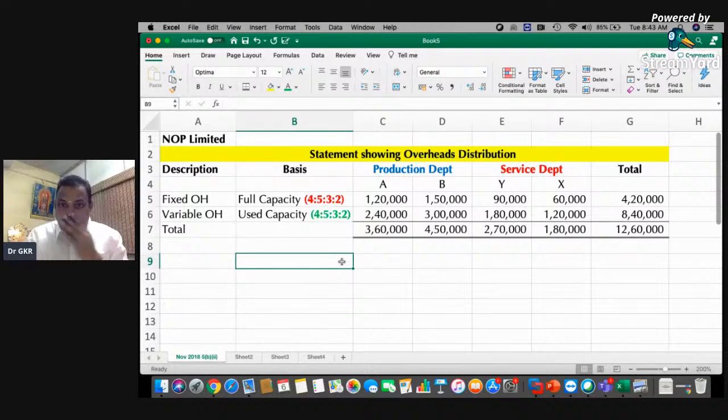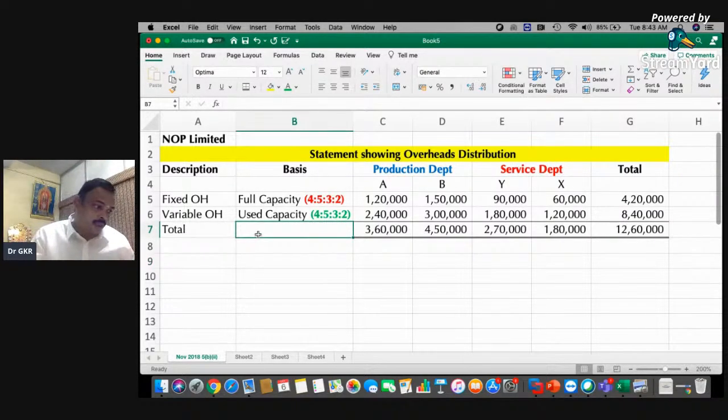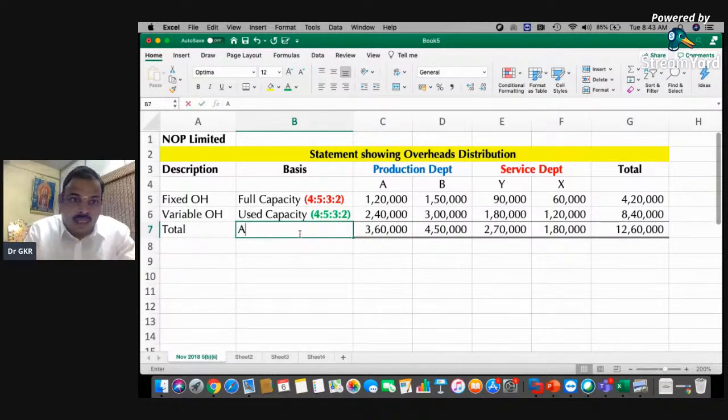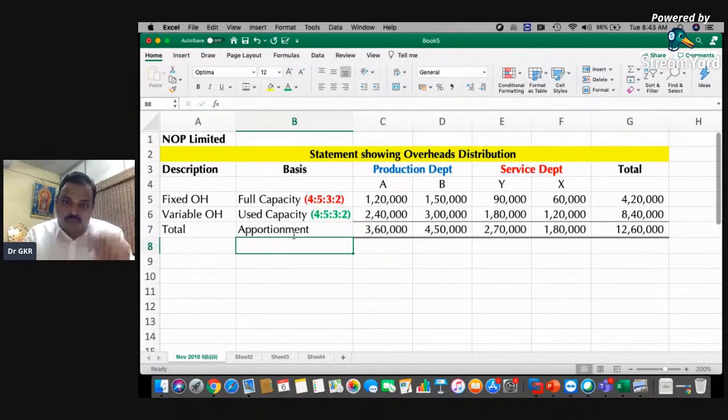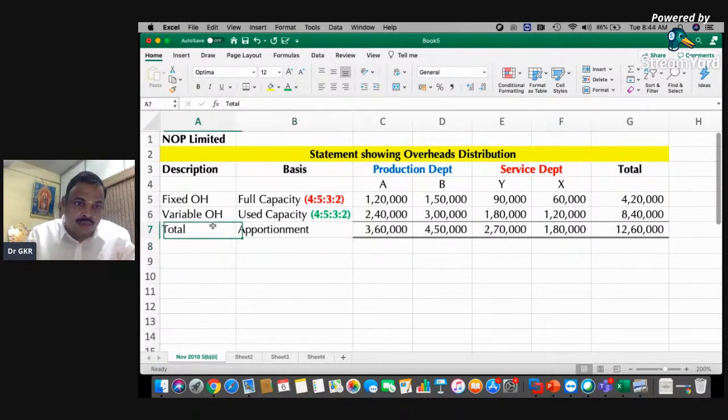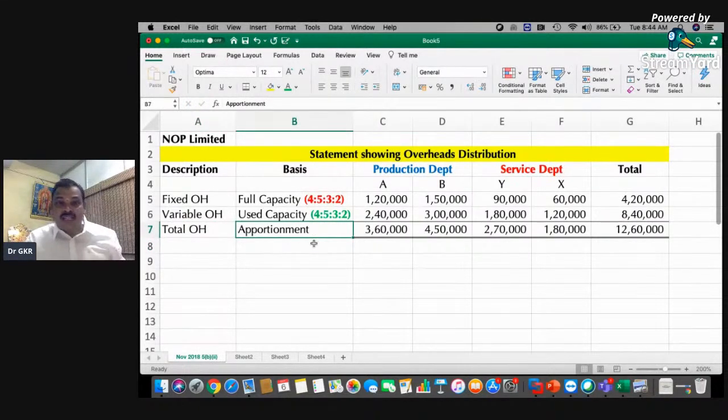So this is your total, guys. You can call this allocation or apportionment. This is apportionment. Now you have to do the reapportionment. Total overheads after apportionment. You know what allocation means?